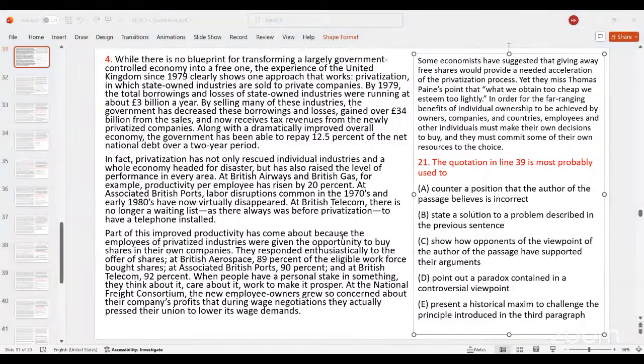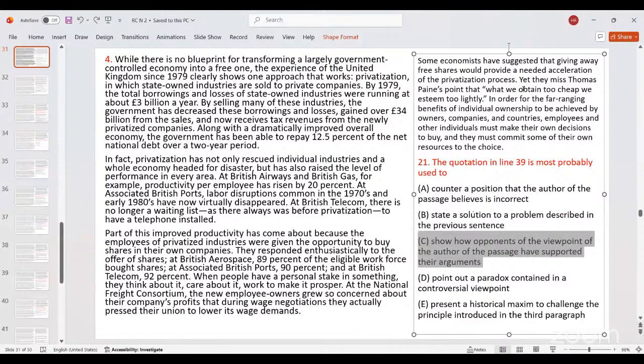All right. Aditya, need to change. Okay. Chaitanya, what it says, too cheap means the author is saying it is not valued, right? Okay. Chaitanya, see, show how opponents of the viewpoint of the author of the passage have supported their argument. Okay. So what if you now go with the terminologies?